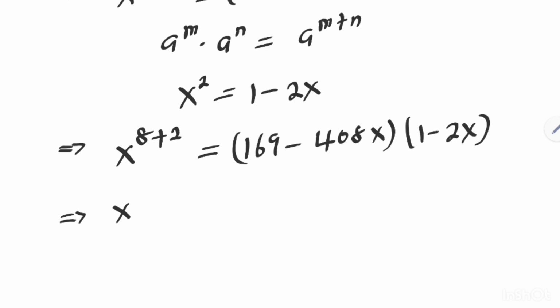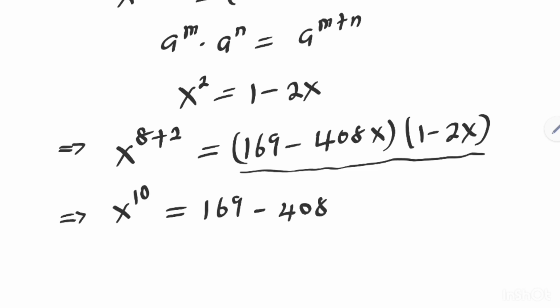x raised to power 8 plus 2, that is 10, is equal to, if you expand this, 169 minus 408x minus 338x plus 816x squared.